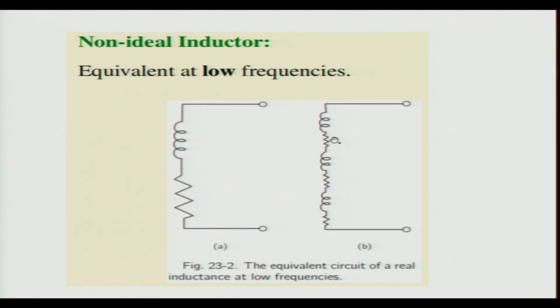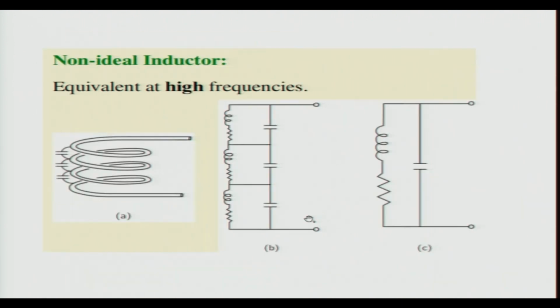This is represented by the resistor, and of course this resistor is distributed, so the correct representation would be a distributed resistance. As we increase the frequency, we have to take into account electrical fields which may exist between two points on the coil, and this is the model of an inductor.